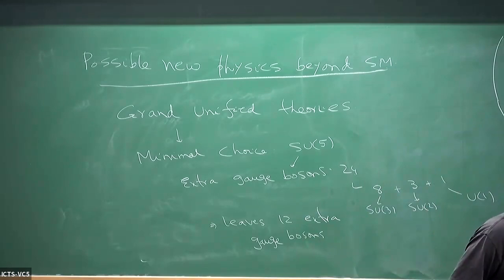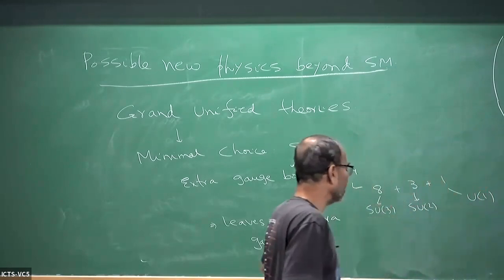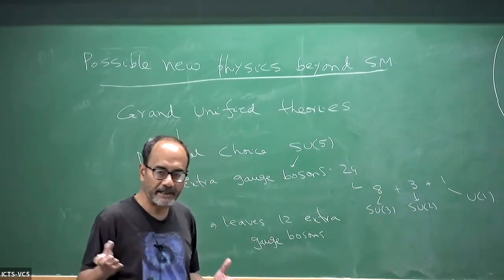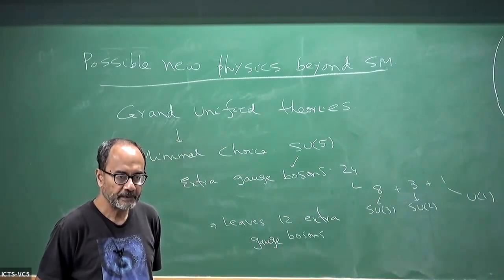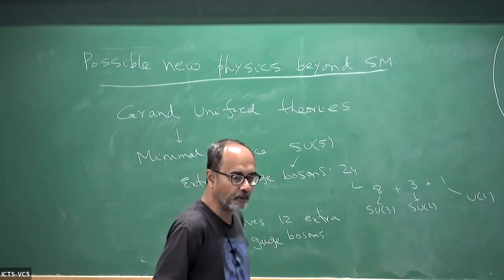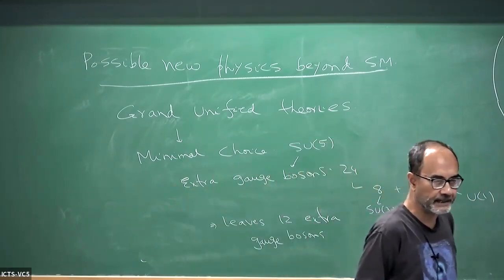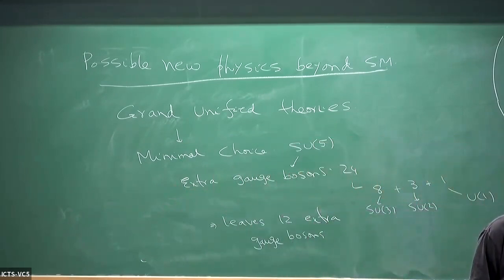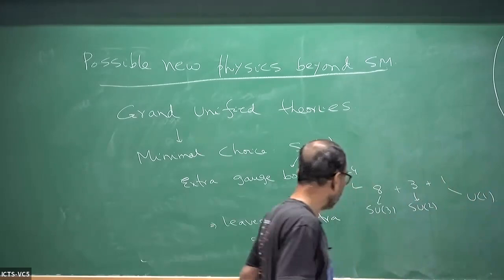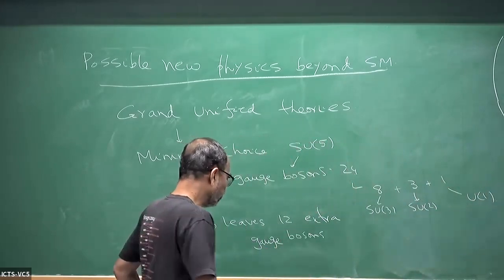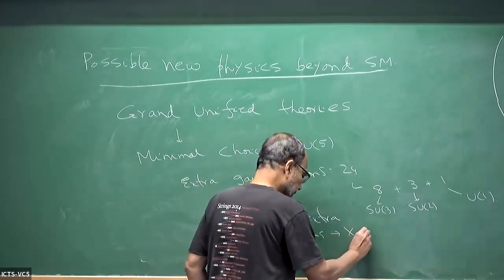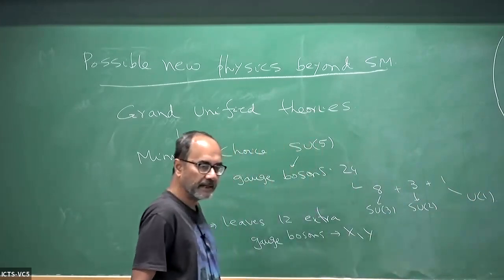Below that scale, it's as if we have just SU3 times SU2 times U1, just like in the standard model, where below the electroweak symmetry breaking scale the gauge group looks like SU3 times U1 and the W and Z bosons become heavy. Similarly, here there are extra gauge particles called X and Y bosons, and these become heavy.